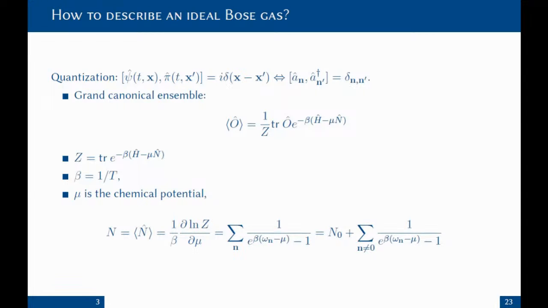And the interesting part is that now, after we quantize the theory, the number of particles in our system is just the average of the number operator, which inside the formalism of statistical physics assumes this very nice form.